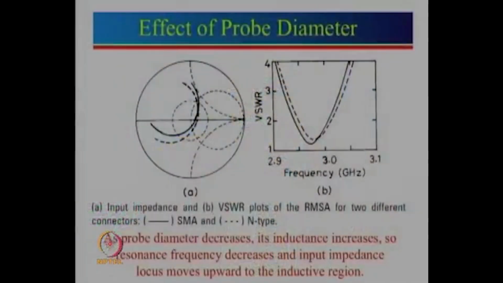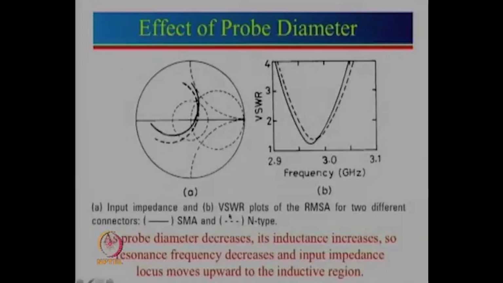Here, this is the effect of probe diameter. What we have done here is we have taken two standard probe connectors, one is an SMA and another one is an N type connector. The difference between the two is that the SMA probe has a diameter of 0.12 centimeter, and the N type has a diameter of 0.3 centimeter.